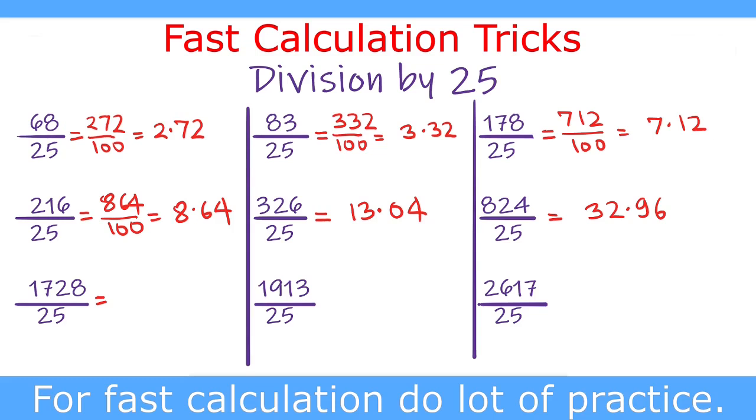So we write it 69.12. I'm just repeating this question again. We put the decimal first, 17.28. 17 times 4 is 68 and 0.28, 4 times of 0.28 is 1.12. 68 plus 1.12 is 69.12.